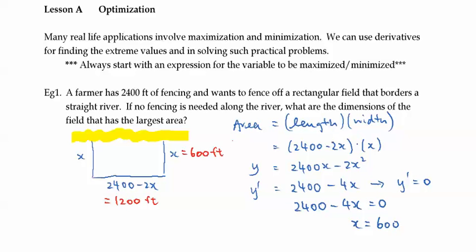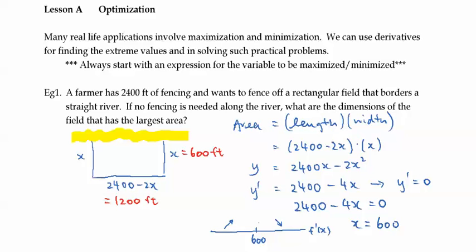Now to check that this will actually give us the maximum area, you can use a number line to check if the left hand side here will give us a positive slope and the other side give us a negative slope for the y prime function.